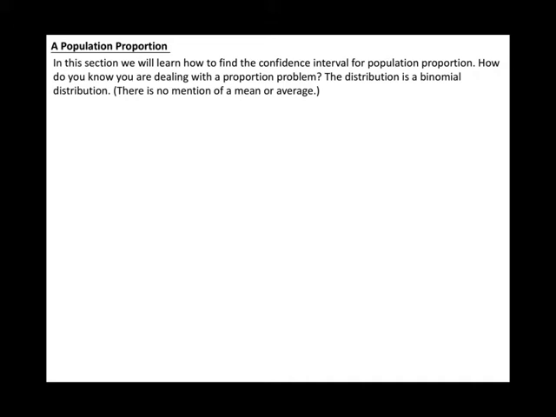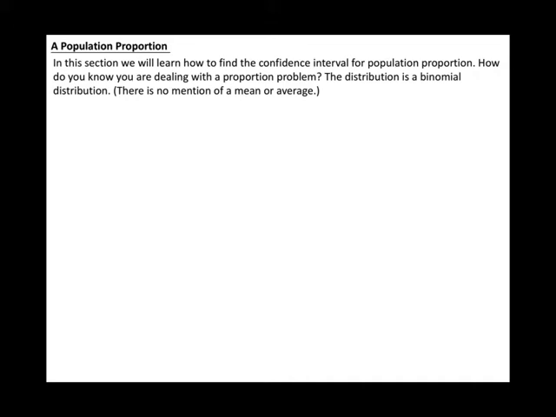For the proportion problem, sometimes they never mention proportion. Instead, when you read the whole question, they never mention the mean, average, or standard deviation. That will be the proportion problem.